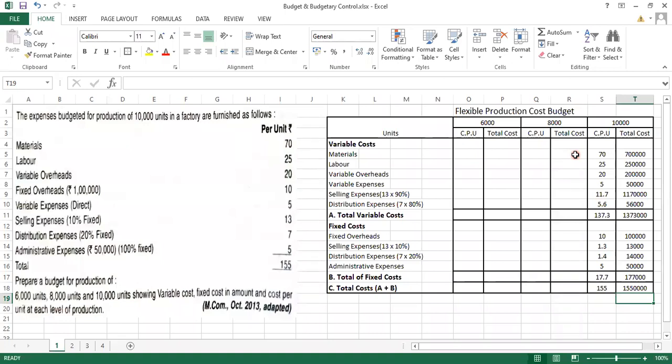So जो ये per unit था, this will be the same. Okay, अब multiply करना है.